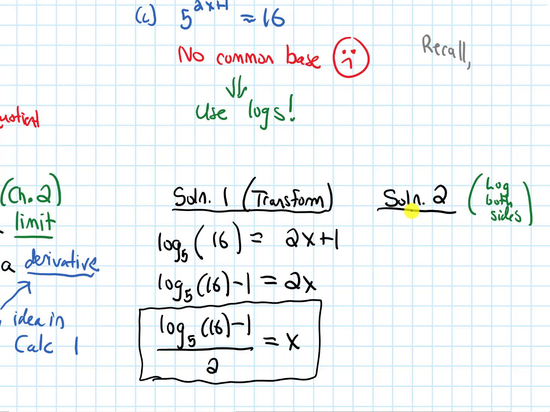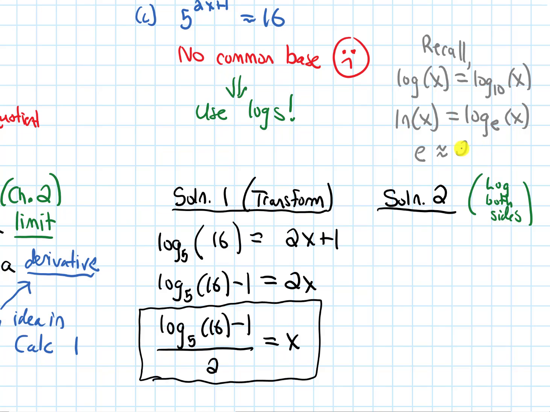The most common ones are, remember that if I write log of x, that means log base 10 of x. And then remember that ln of x is a special log. That means log base e of x. And e is this special irrational number. It is approximately 2.718. Okay, I'm going to put this in a little bubble.